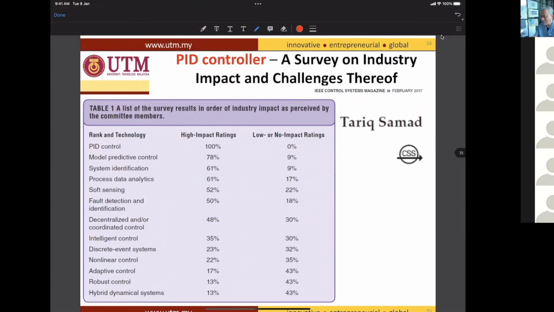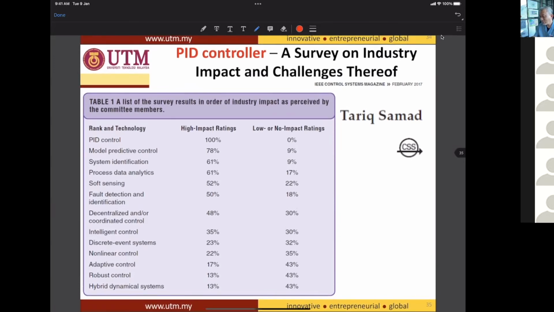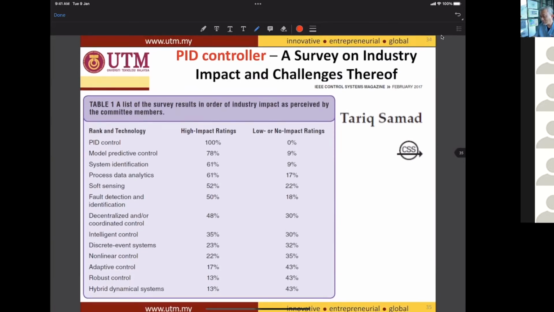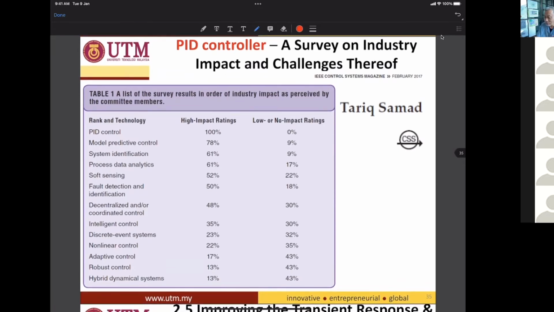Alright, so kita terus kepada PID controller. Okay, so from the survey on industry based on impact and challenge by Tariq Samad in his IEEE Control Systems Magazine, February 2017, telling that PID controller is a 100% impact rating.